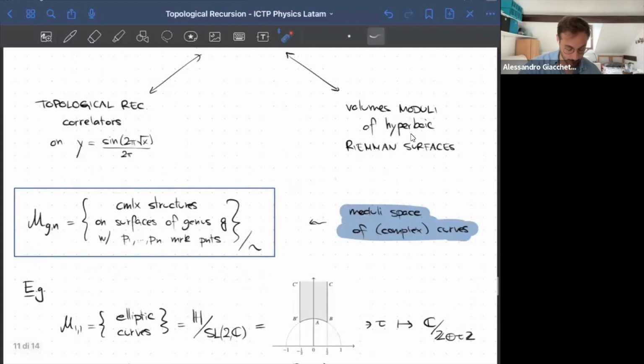And one of the easiest examples is the case of M_{1,1}. This is the space parameterizing elliptic curves. Elliptic curves is another name for complex structures on surfaces of genus 1 with 1 marked point. And this space is equal to the quotient of the upper half plane by SL2(Z). So the image you should have in mind is something like this.